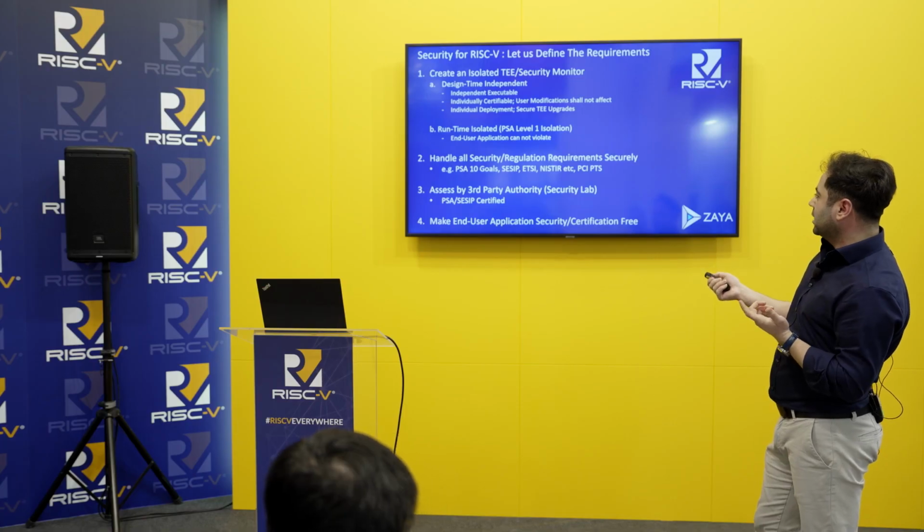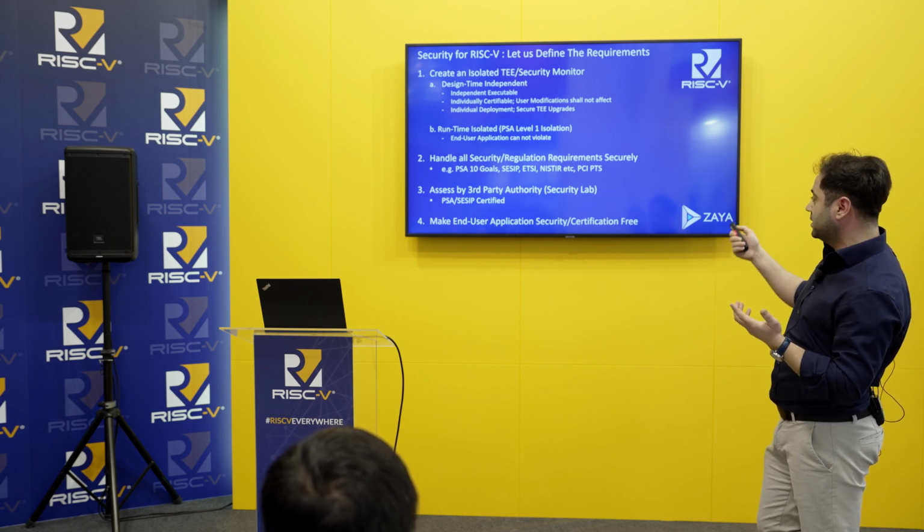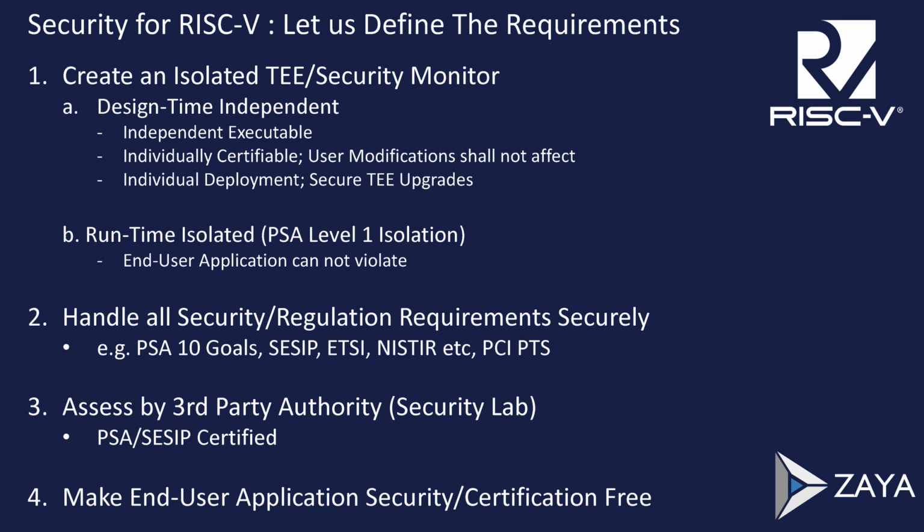For example, it can be PSA Certified or CSIP, or requirements from ETSI, NIST, whatever. And it should be assessed by a third party, like a security lab, and certified. I mean, the TE should be certified. As a conclusion, it should make the user space security and certification free.